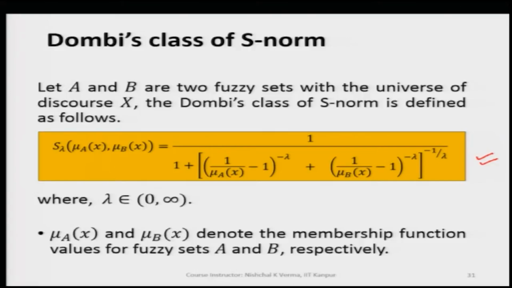Here it has to be noted that normally we use S norm when we are interested in finding the union of two fuzzy sets.